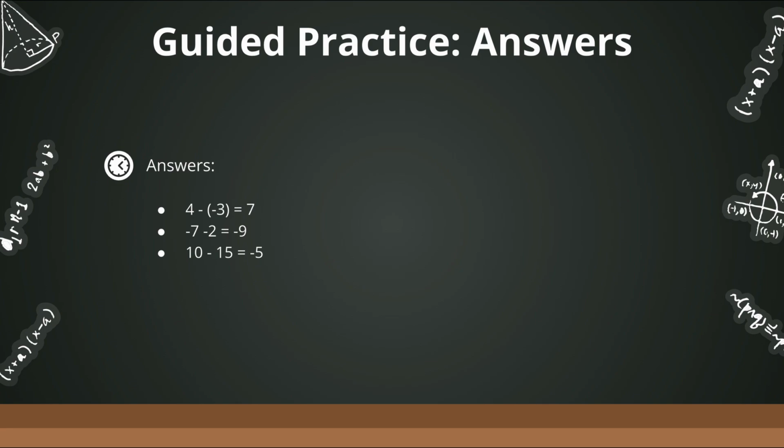For the third one, 10 minus 15, you move left 15 spaces from 10 and land at -5. How'd you do? Hope you did good.